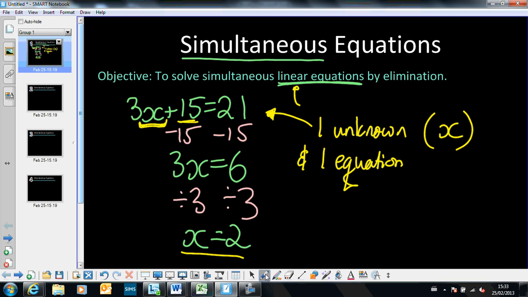If I'm going to solve some simultaneous equations, I'm going to have 2 equations and I'm going to have 2 unknowns.